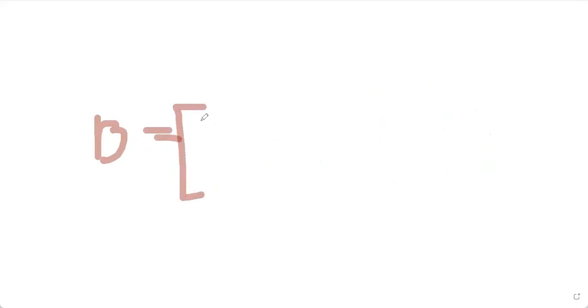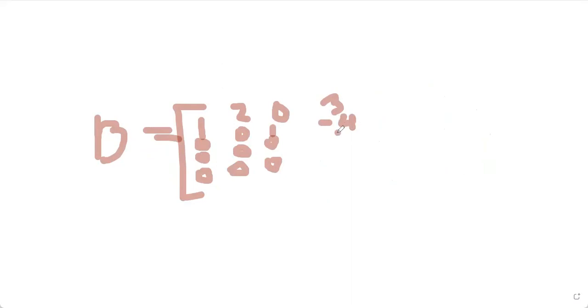What you end up with is 1, 0, 0, 0, 2, 0, 0, 0, 0, 1, 0, 0, 3, -4, 0, 0, -4, 5, 0, 0.